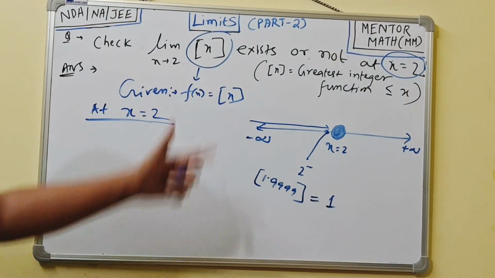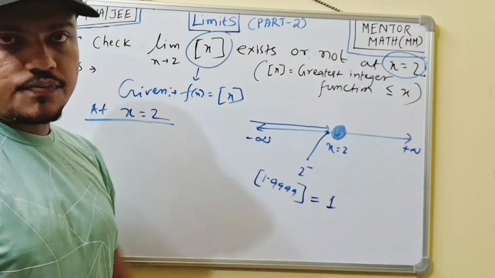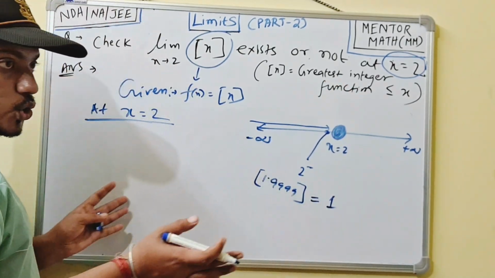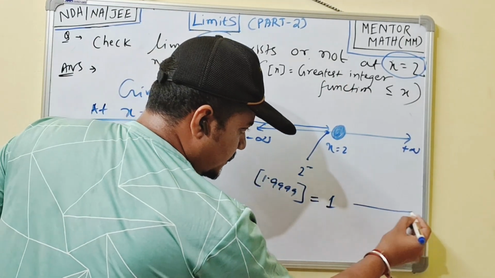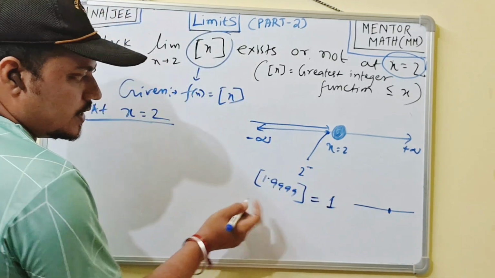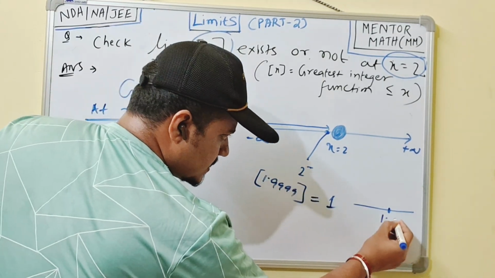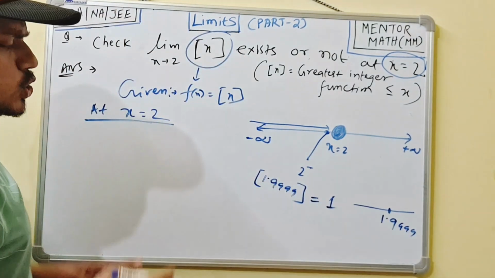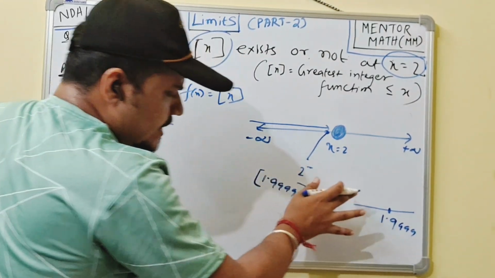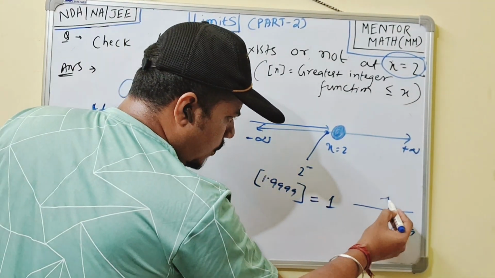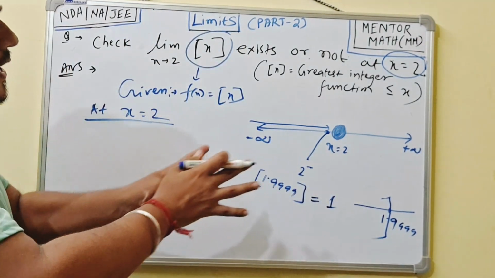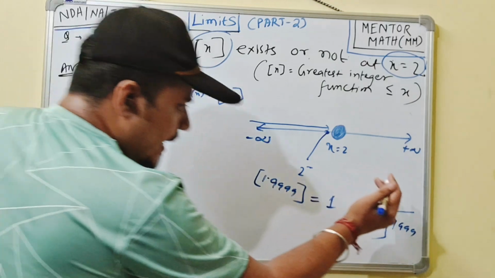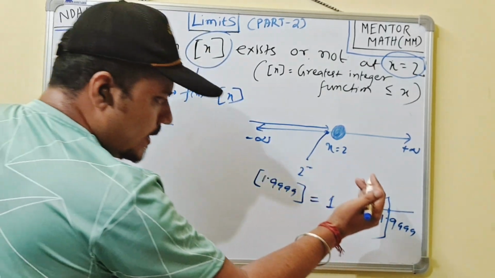You know this is a box function. Box function is the greatest integer function which is less than or equal to x. And if you don't understand, look at this. If I take 1.999, we have to check all integers up to 1.999, whatever integer is less than or equal to 1.999.